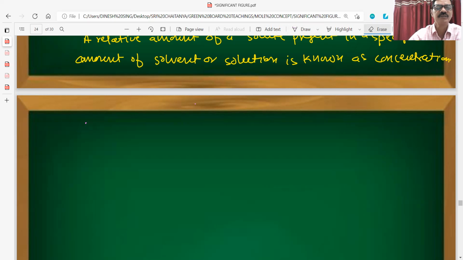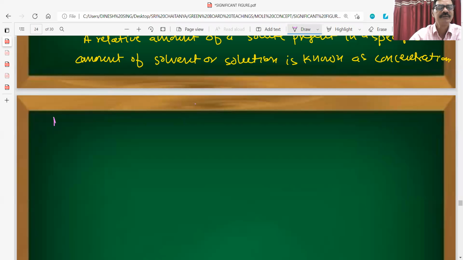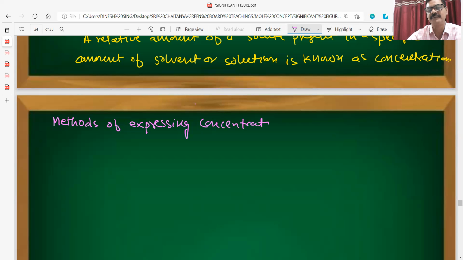We have various methods by which we can express concentration. I think it is clear to everybody the meaning of concentration.